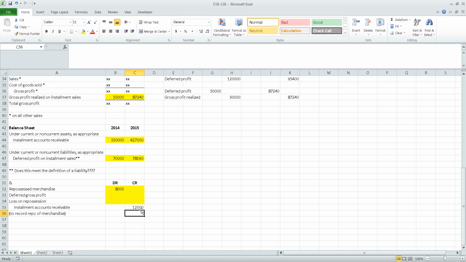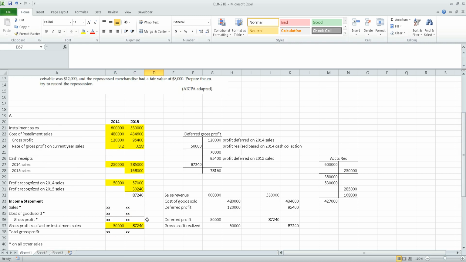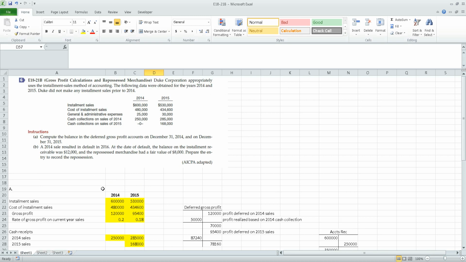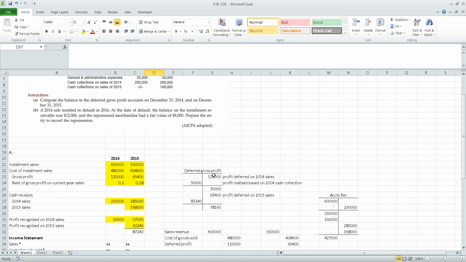Now, the most challenging part of this are the last two steps, and basically they have to be done together. What we need to do is figure out what amount of deferred profit is remaining in our deferred profit general ledger account relating to this sale.